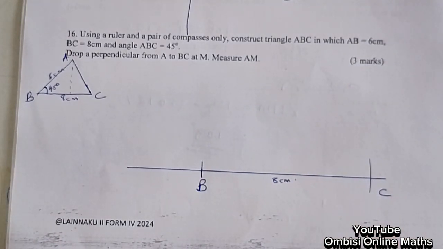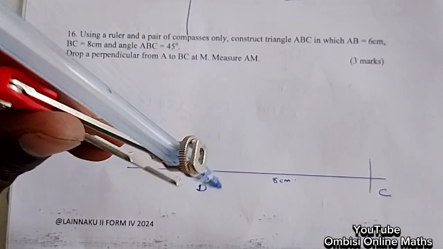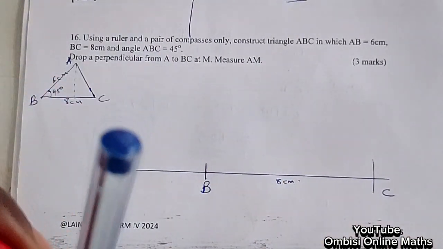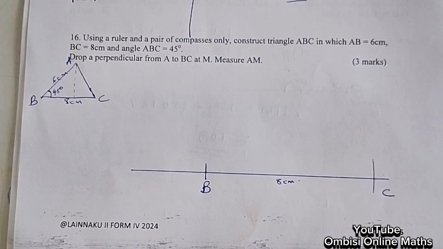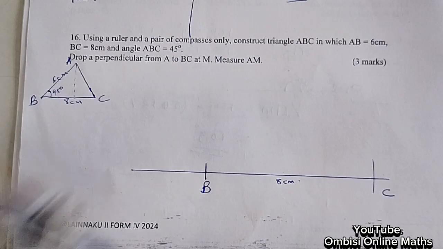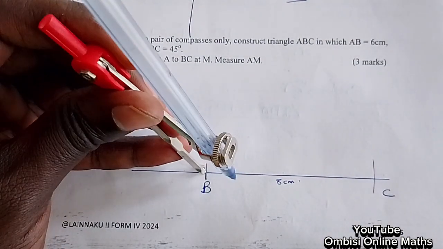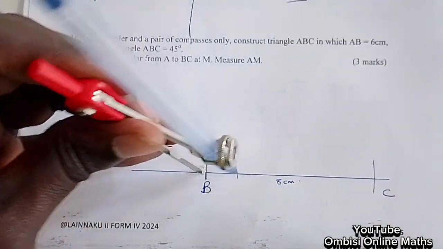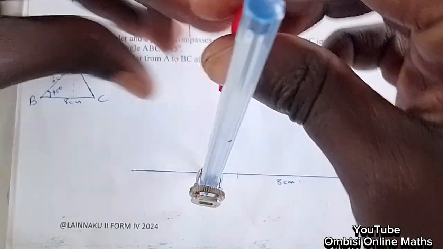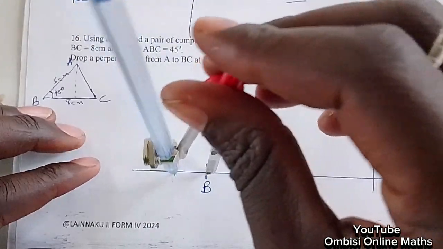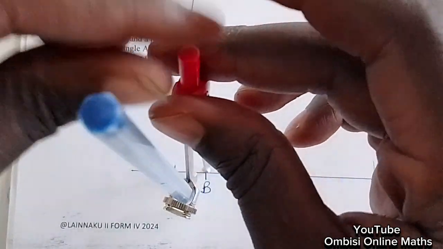After that, you construct 90 degrees at B. For us to construct 90 degrees at B, we have to reduce our compass to a reasonable radius so that we make an arc on line BC on both sides.